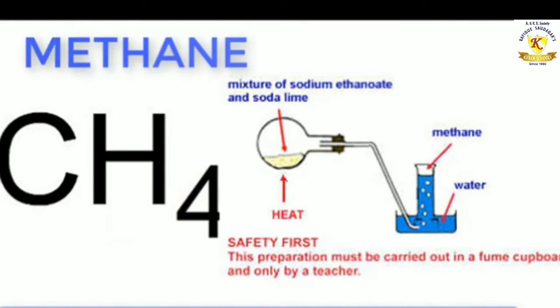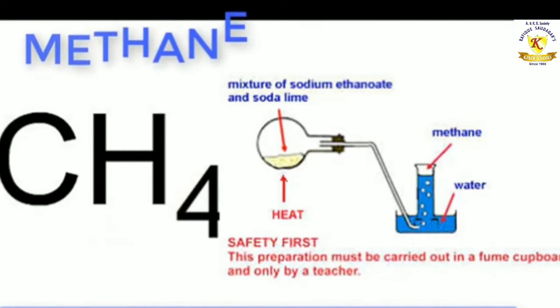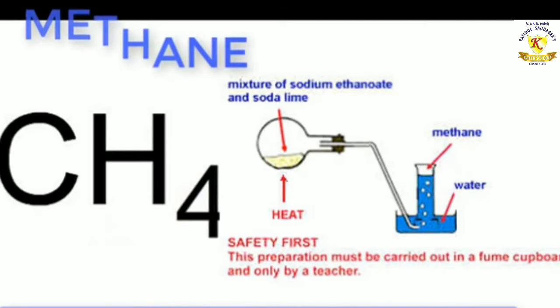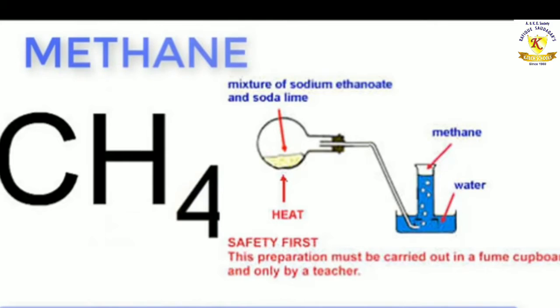Anhydrous sodium ethanoate is ground with an equal mass of soda lime and then heated in a hard glass tube. Methane is given off and can be collected over water.